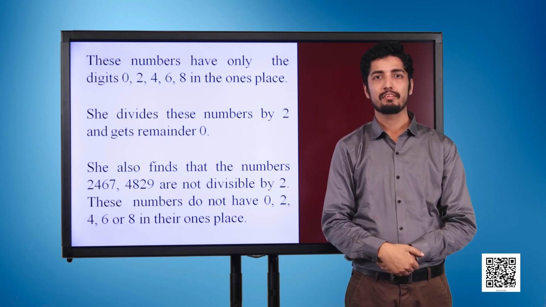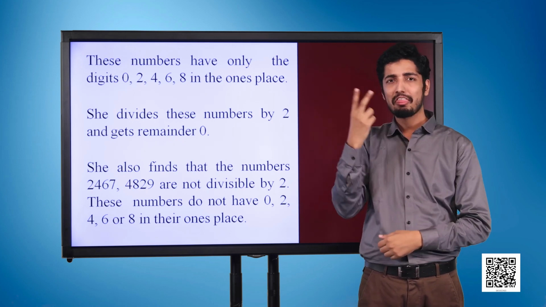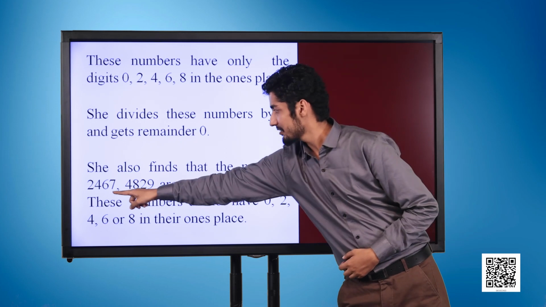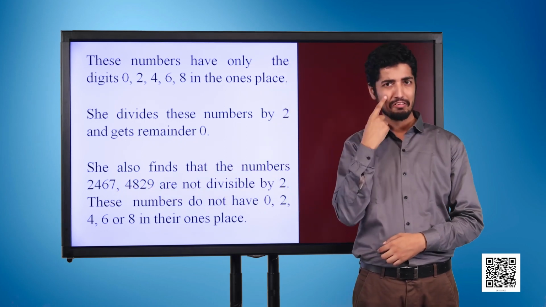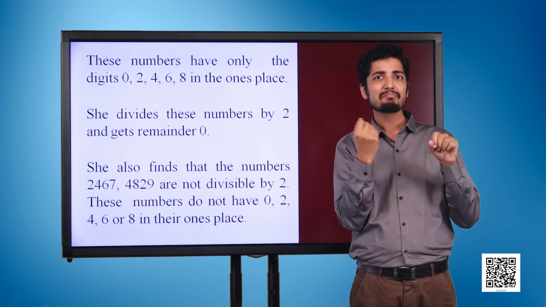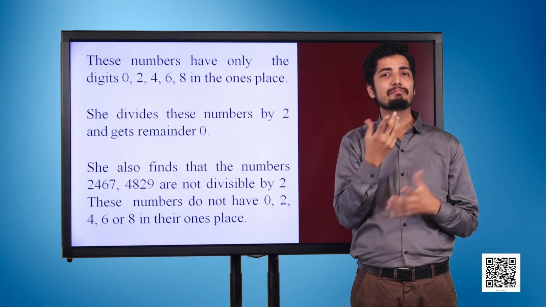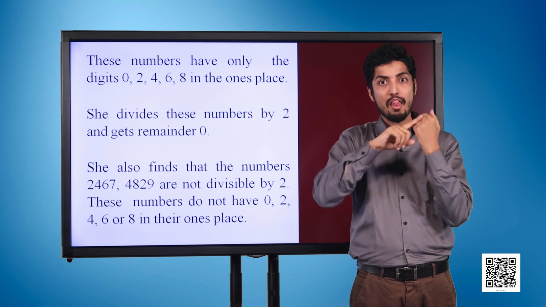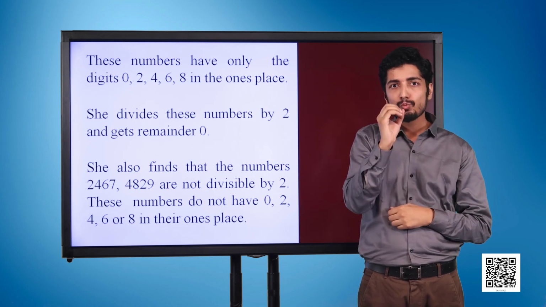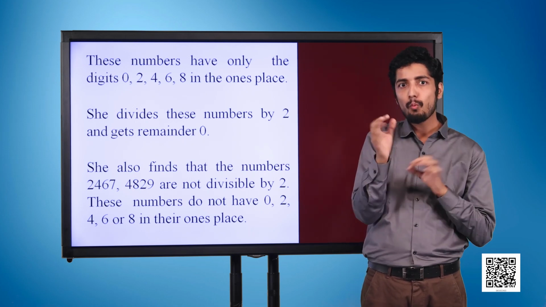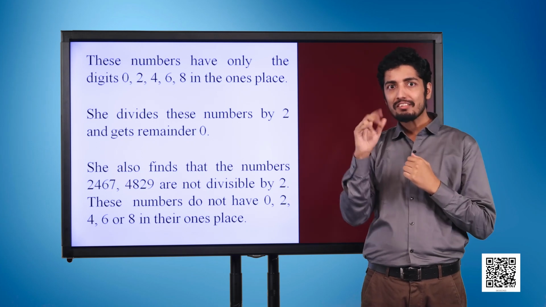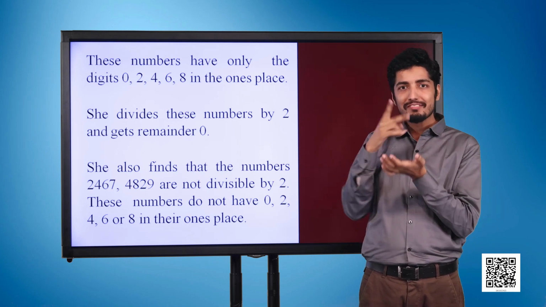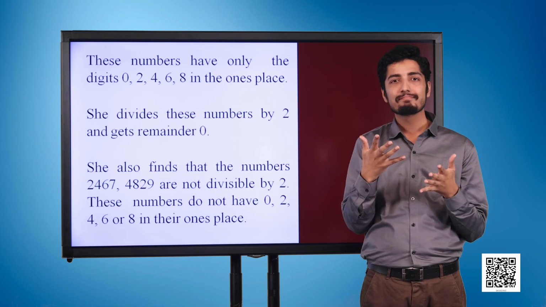She also finds that the numbers 2467, 4829 are not divisible by 2. These numbers do not have 0, 2, 4, 6 or 8 in their ones place.